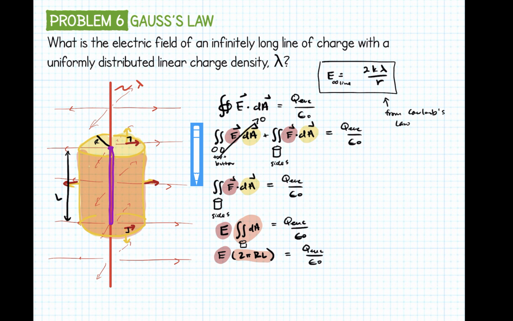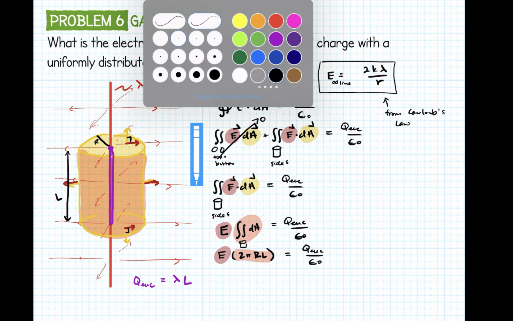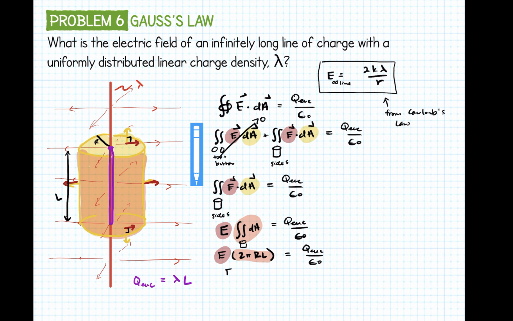So this would be length L. So if we want to figure out Q enclosed, that's going to be equal to the charge density times the length. Okay, so this becomes E times 2 pi R L equals lambda L over epsilon naught.